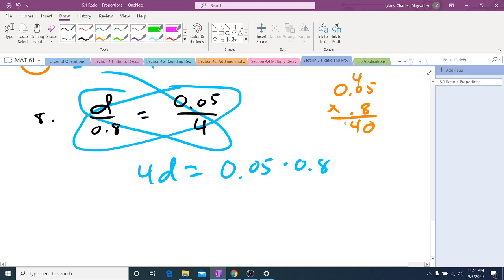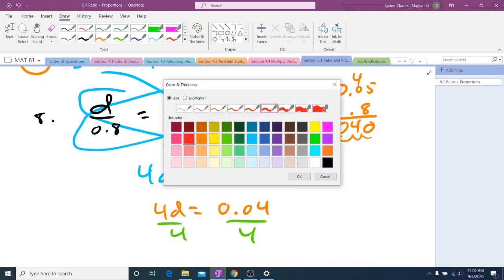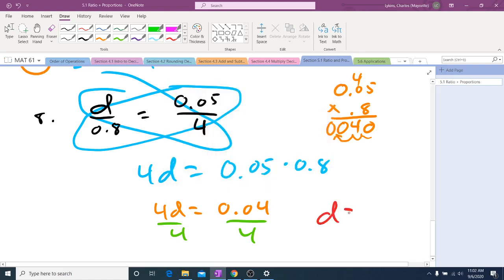And then put some zeros. How many places do you have for decimals? 1, 2, 3. So 1, 2, 3. So 4d equals 0.04, divide by 4, and d equals 0.01.